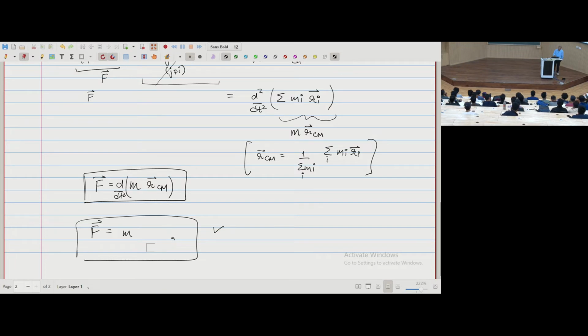So let's write it as acceleration of the center of mass. We knew this, but it was worth writing this again.